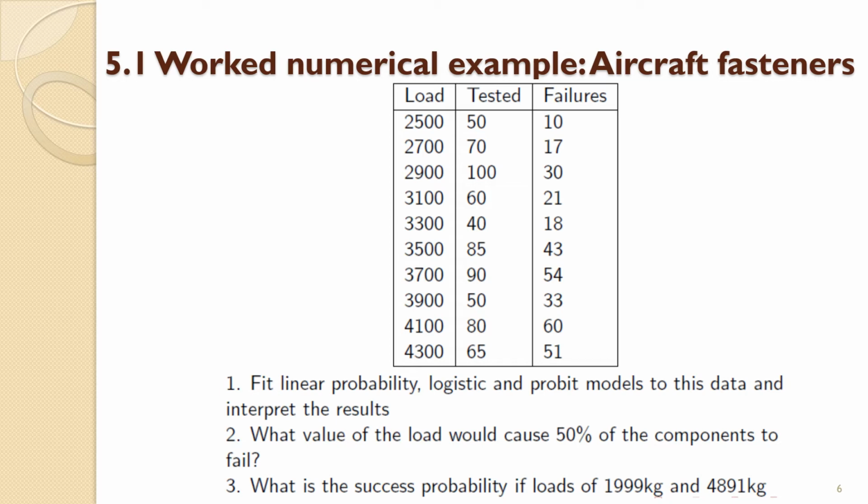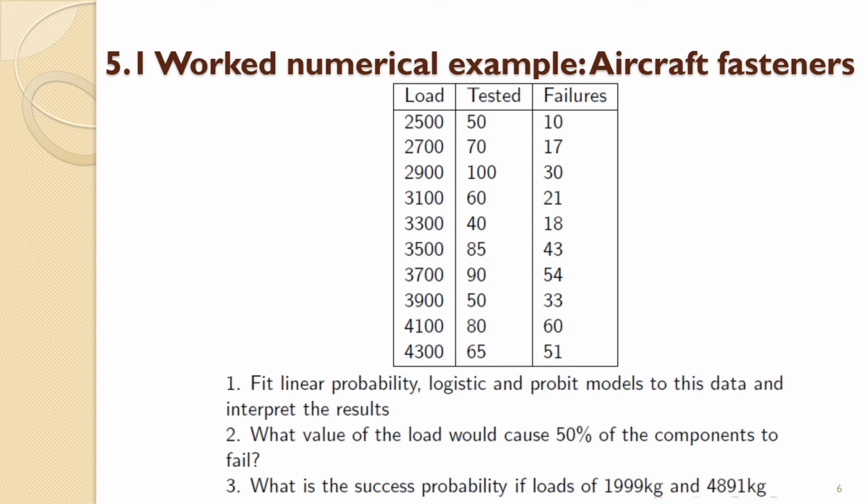What we're going to expect to find is that as the load increases, the probability of failure will increase. Equivalently, as the load increases, the probability of success will decrease, and that should be true for all three different models. The different models, though, will have perhaps markedly different ways of quantifying the relationship between the load that's applied and the probability of success.